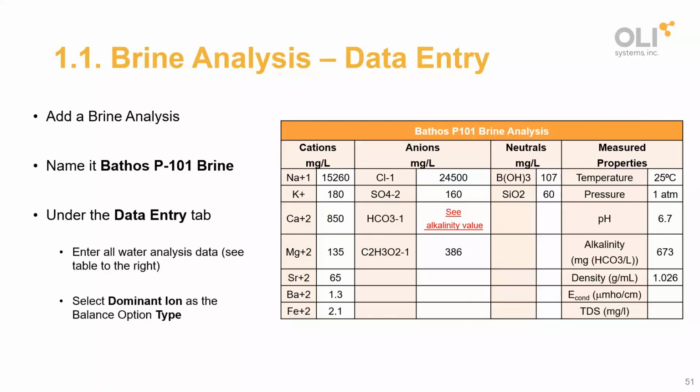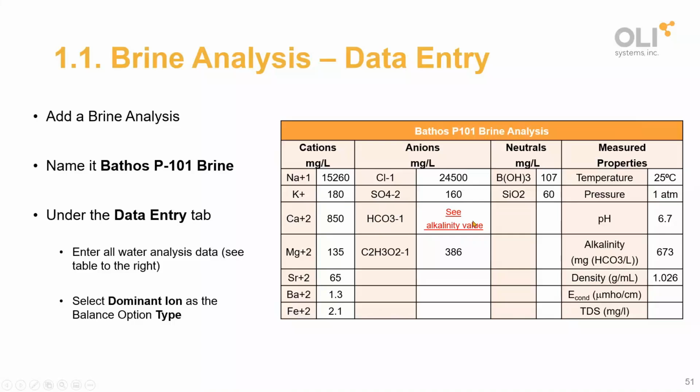I'll show you how the software can, with the pH and the alkalinity, calculate the bicarbonate value. In this specific example, they are not giving me a bicarbonate concentration, they are giving me an alkalinity value.